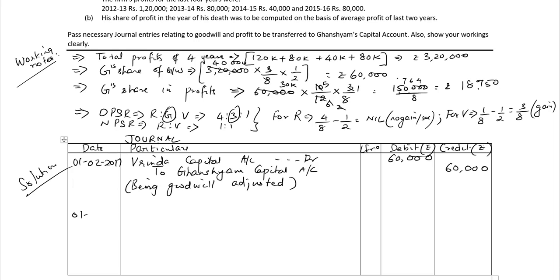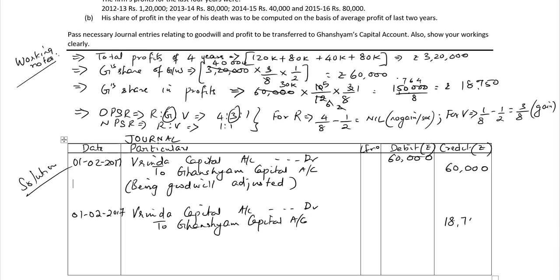Next, same date, 1st February 2017. There's a change in the ratio, so we need to debit the gaining partner, Vrinda, for Ghanshyam's share of profits up to the date of death. Vrinda capital account debit, to Ghanshyam's capital account. Share of Ghanshyam's profits up to the date of his death is 18,750 rupees.